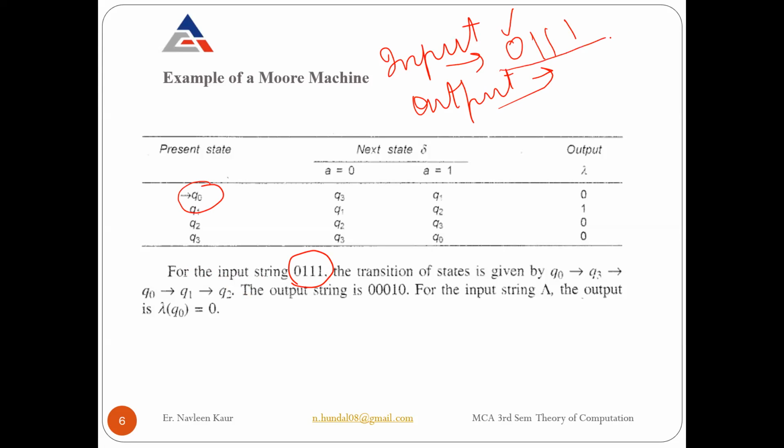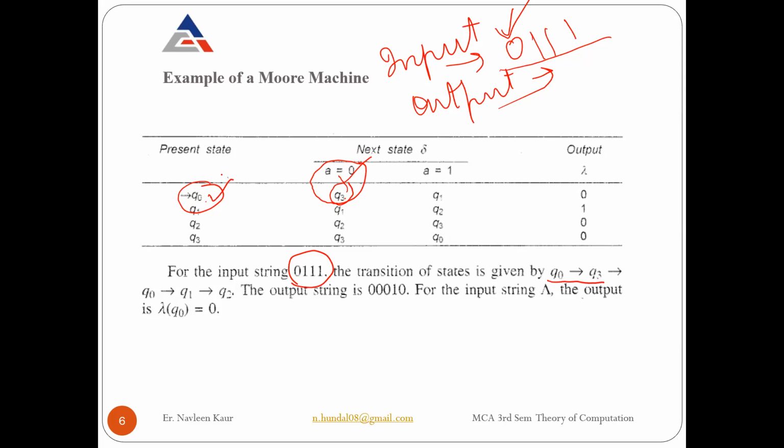My focus is on the input first. Q0 will get 0, the first letter of your input. If Q0 gets 0, what will be the next state? Q3. It means from Q0 you will reach Q3. Can you see it is written here?